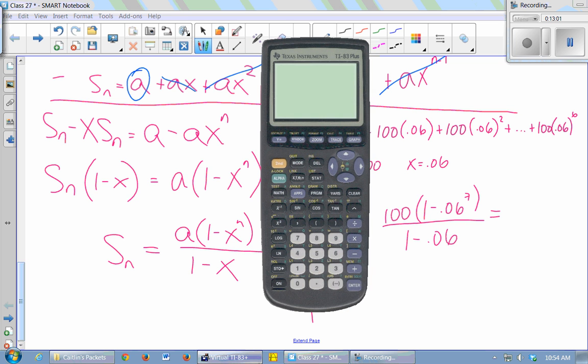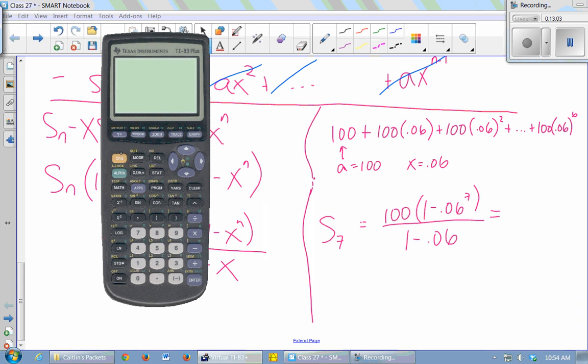And let's double check that this agrees with what we got when we just added them without a formula. If you only have a few terms, 7 wasn't unreasonable to type it all into the calculator. If you were adding up 100 terms, you might not want to do that. You might use this formula instead.